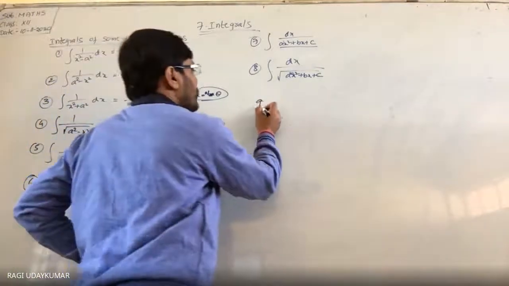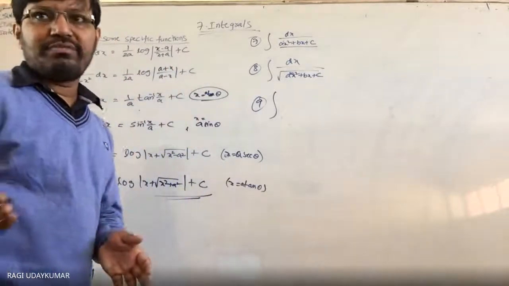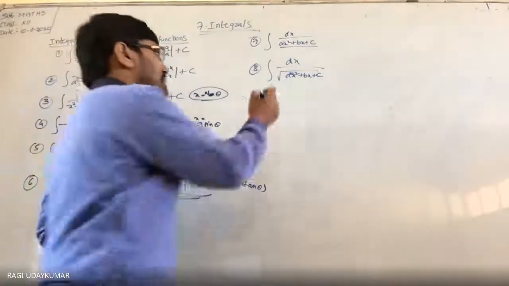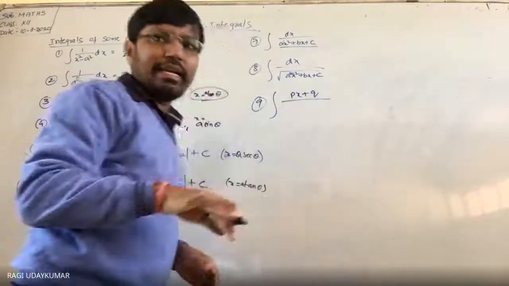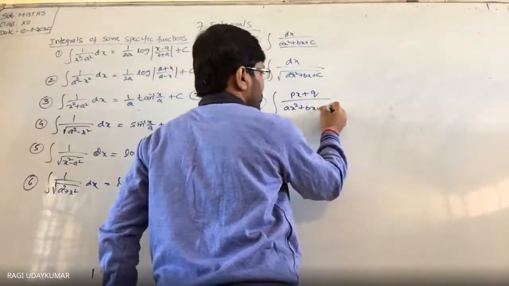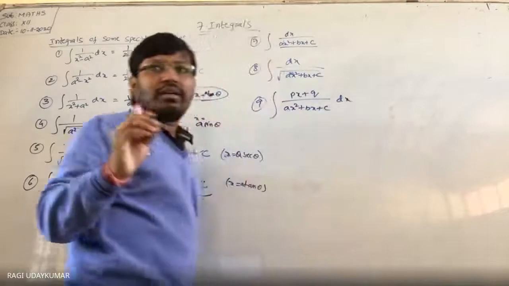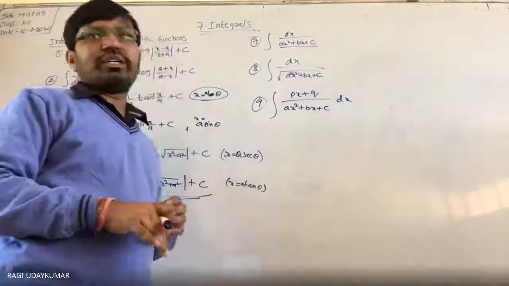Now a different form: if an expression is given to you in the form of a linear expression in the numerator and a quadratic expression in the denominator, ax square plus bx plus c dx. In the numerator a linear expression, in the denominator a quadratic expression. So in this situation what to do?